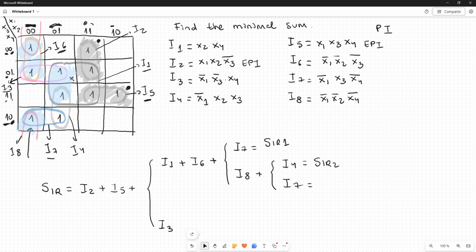Following the definition of irredundant sums, an irredundant sum is a sum where if you remove one of the terms, you are not covering the whole function. If you can remove one of your terms and the result is still covering the function, that is not an irredundant sum. In this case, imagine that I remove implicant 8.